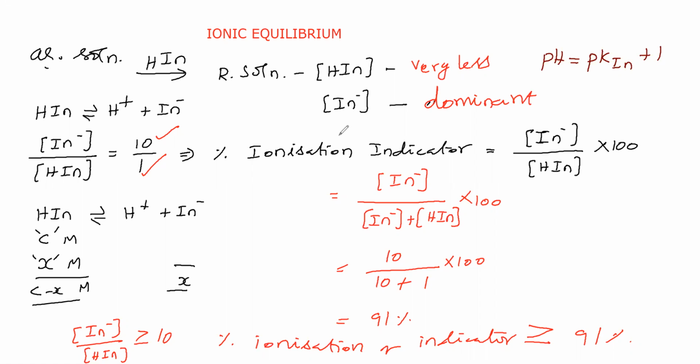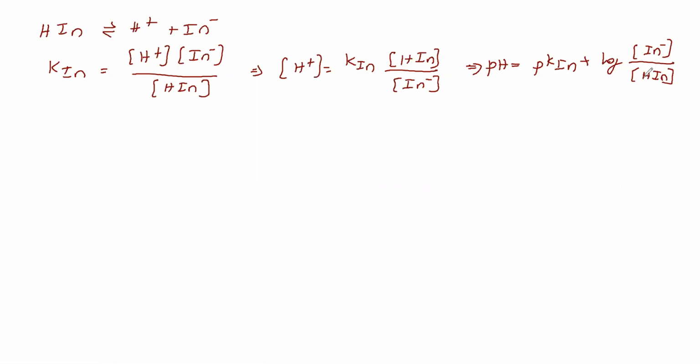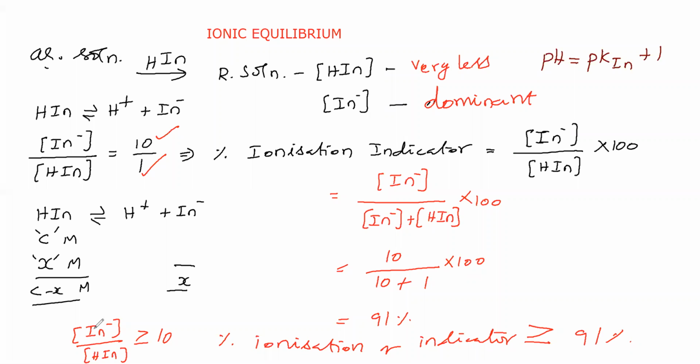Okay, sir. Suppose this ratio is greater than 10. Suppose we take 100. Substitute here, this ratio is 100, log 100 is equal to 2. Therefore, pH is equal to pK indicator plus 2.